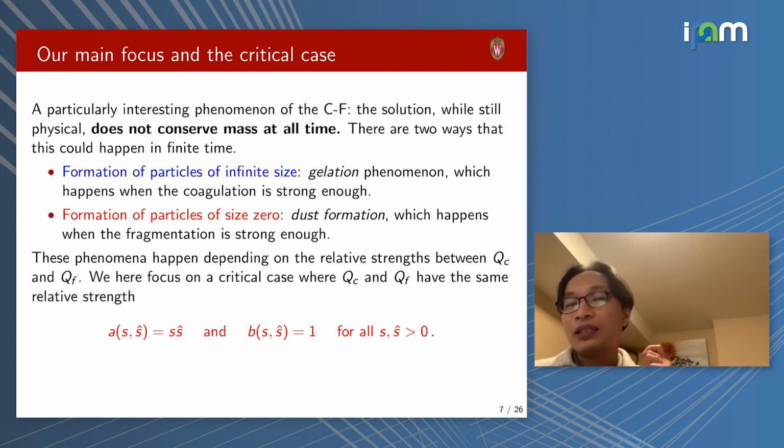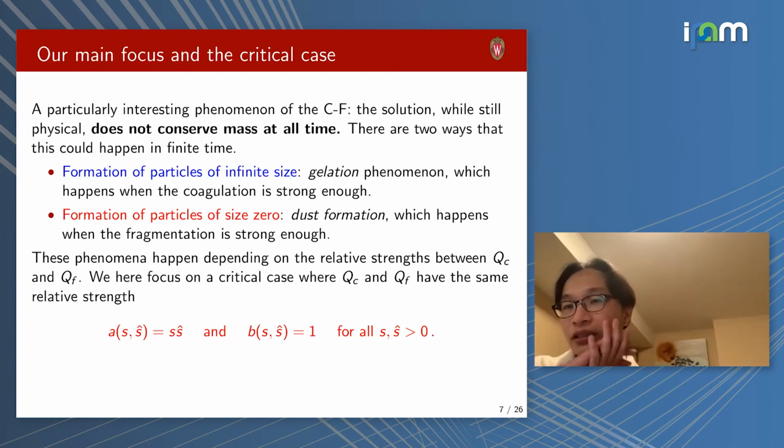It's typically the case in the literature of this field that if we know coagulation is stronger, then it's easy to handle. Or if we know that fragmentation is stronger, then we also know how to handle it. So the most complicated case is where the two are of equal strength, which is the critical case, and this is why we are really interested in that.